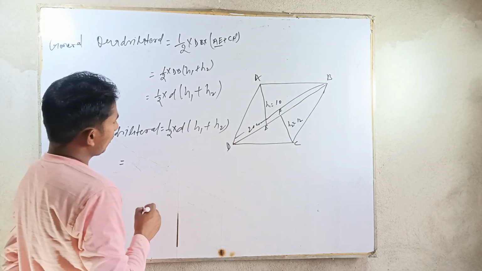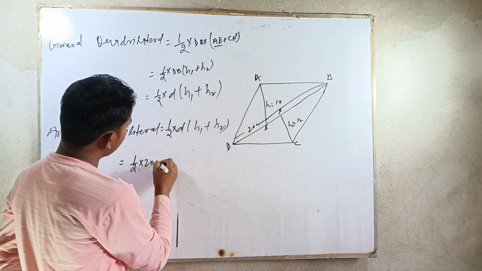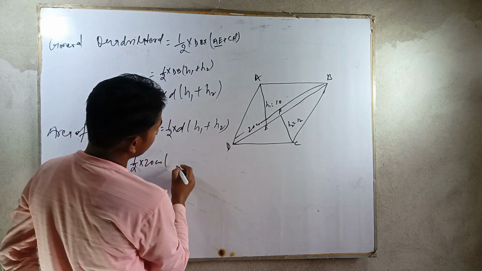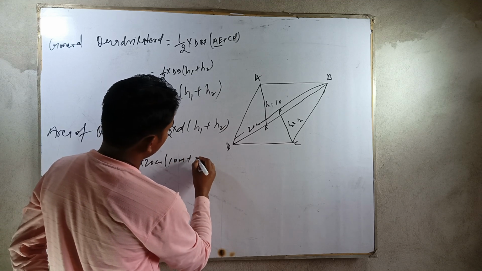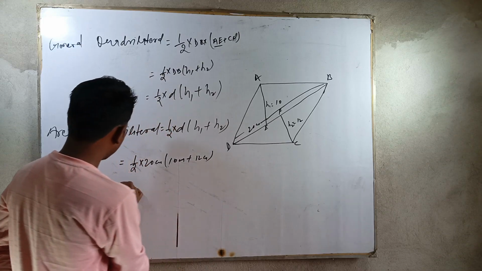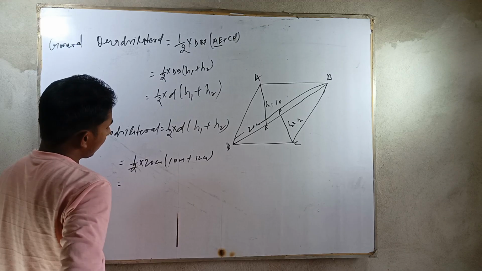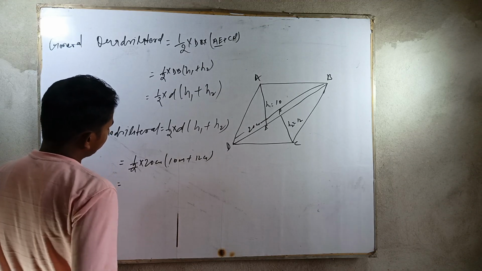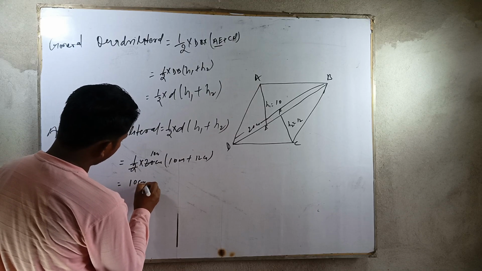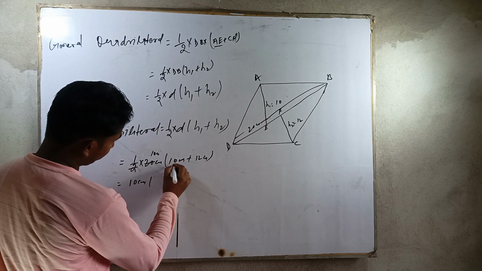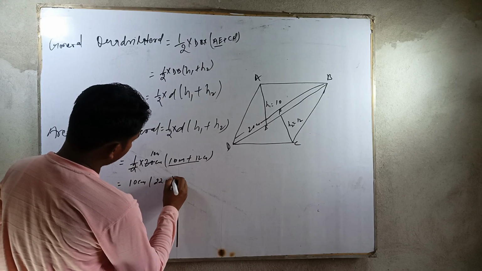So 1 by 2 times 20 centimeter, which is 10 centimeter, times H1 plus H2, 10 plus 12, which is 22 centimeter.